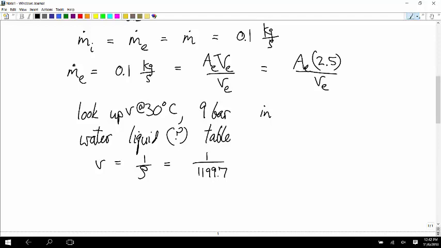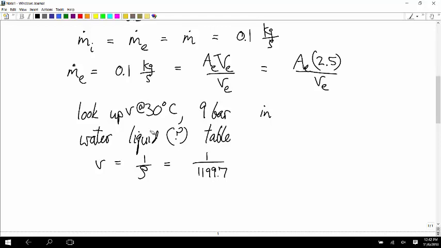Oh, yeah, not water. Yeah, refrigerant. And that makes me think, I don't know if I gave you a table for liquid, because I know there's one for saturation and one for vapor. Whenever that happens, that I give you a material that you don't have the table for, that's a mistake that I made.